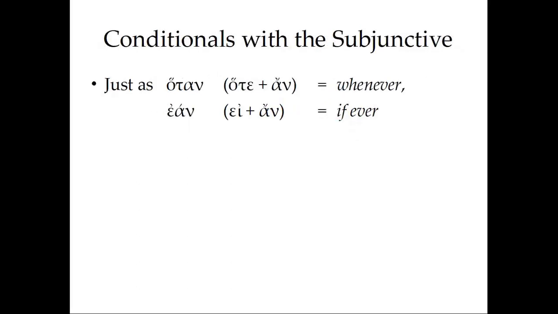Now, let's take a look at conditionals with a subjunctive. Just as hotan, hote plus an, equals whenever, ean, ei plus an, equals "if ever." And this little particle here, this ean, is something we see all the time in conditional sentences. Again, if-then statements.